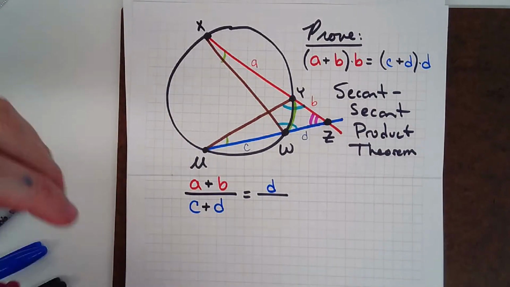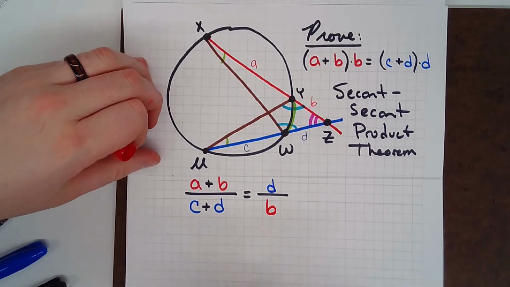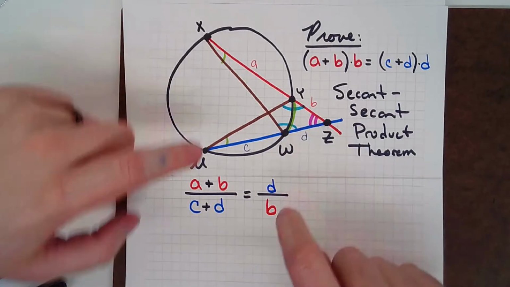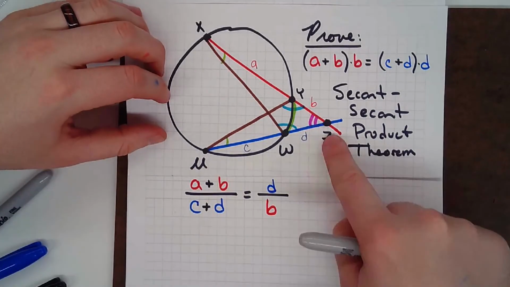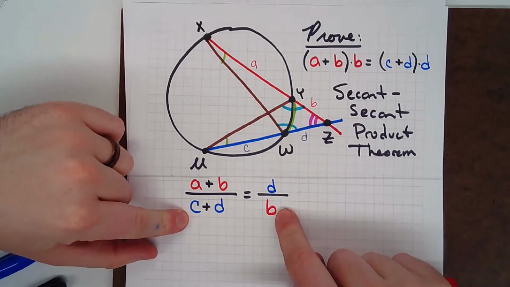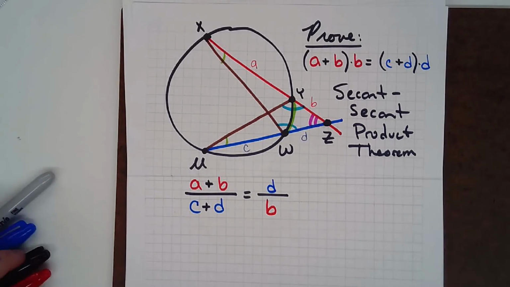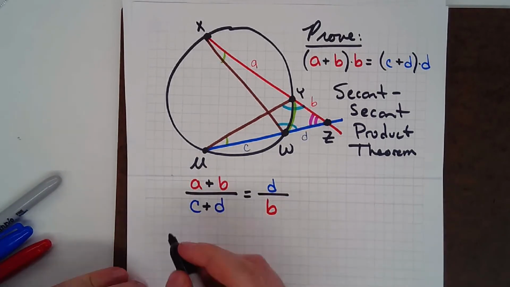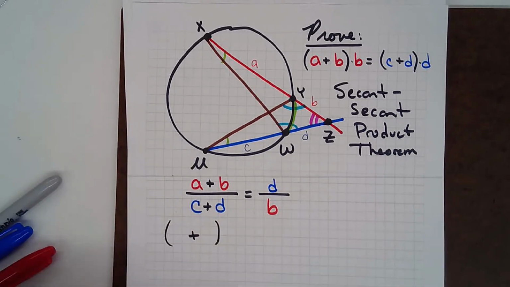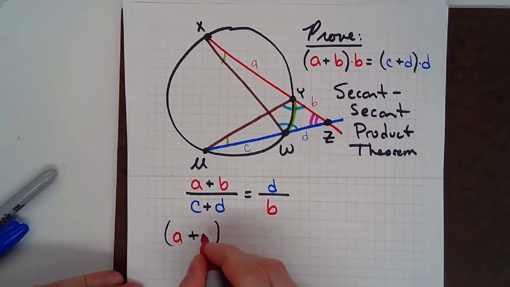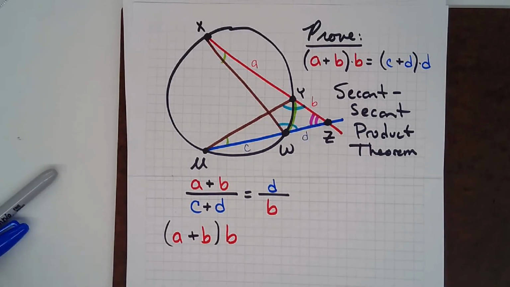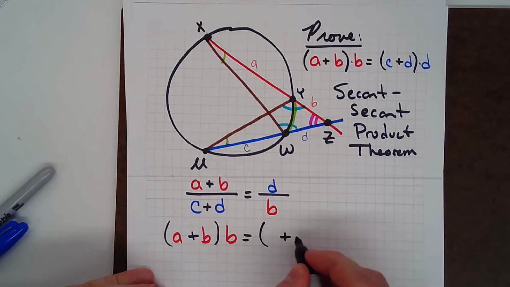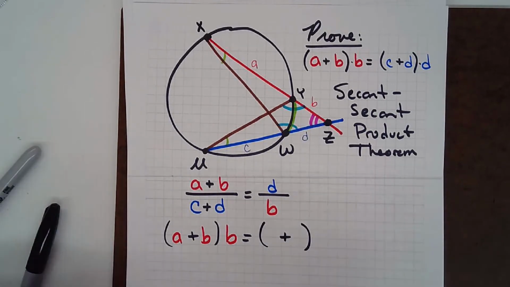So first triangle stuff on top, A plus B and D. Second triangle stuff on the bottom, C plus D and B. Now, after we've shown that these are proportional, we can do some magic and move the B over to be with the A plus B. So we have A plus B in parentheses times B. And we'll move the C plus D over to be with the D. So we've got C plus D times D. And we've proven what we set out to prove.